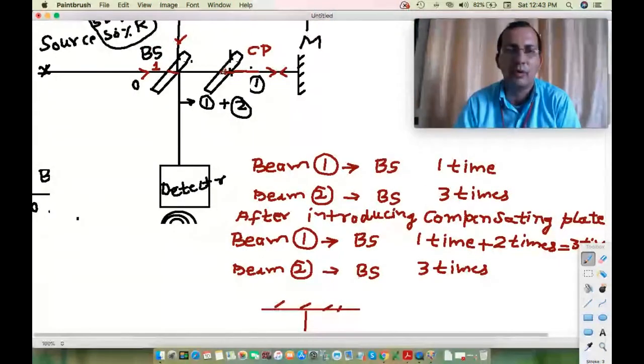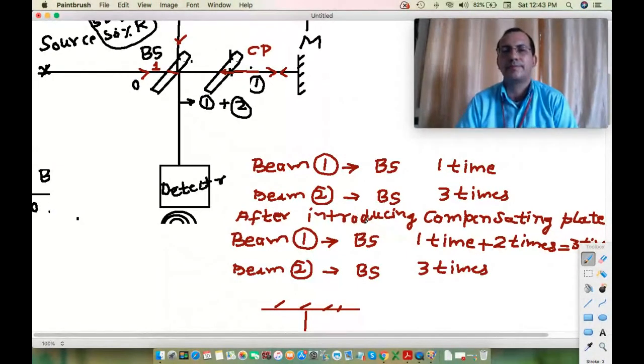Then it is reflected back again, goes through this beam splitter, and is reflected from here. So both are three times after introduction of the compensating plate in this case.